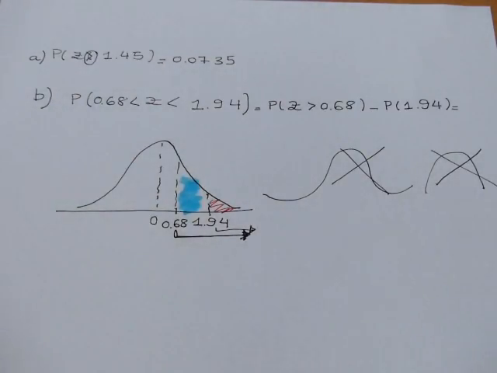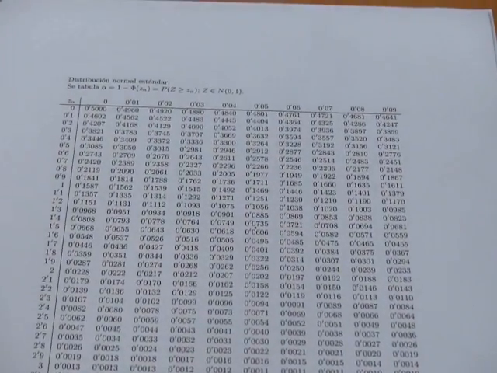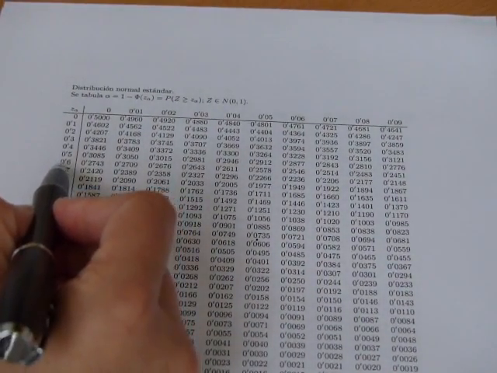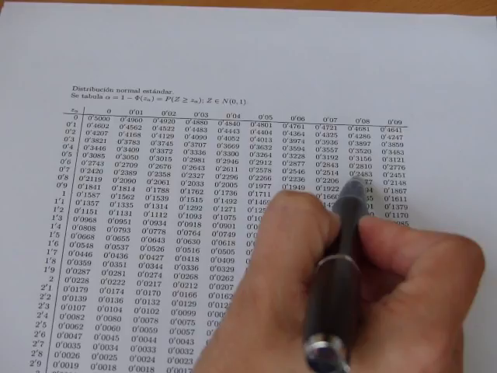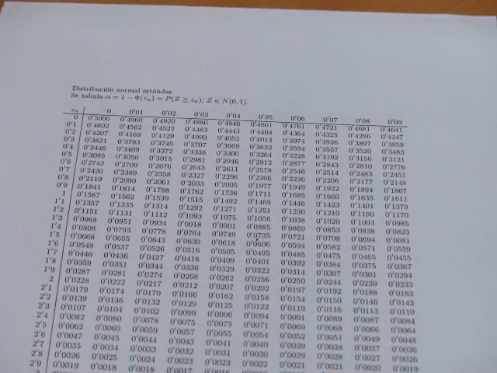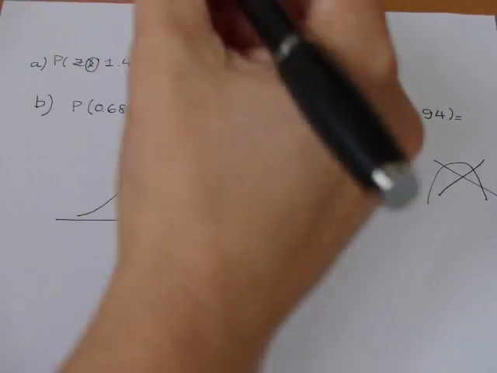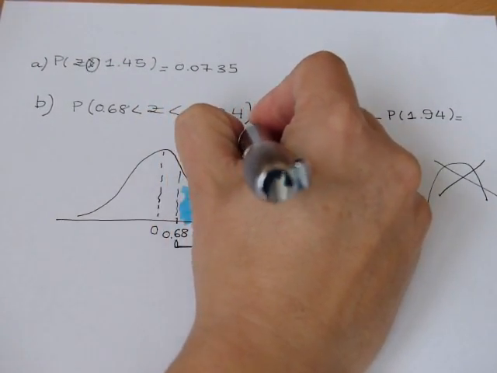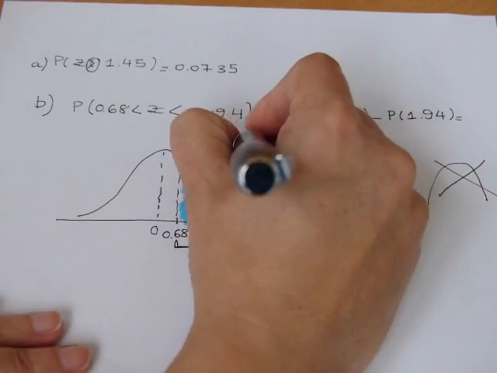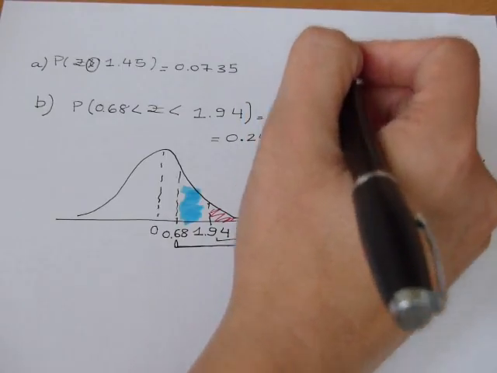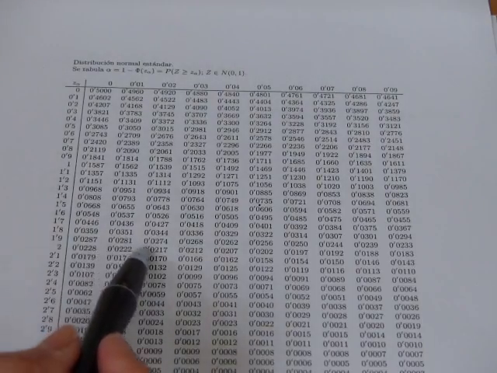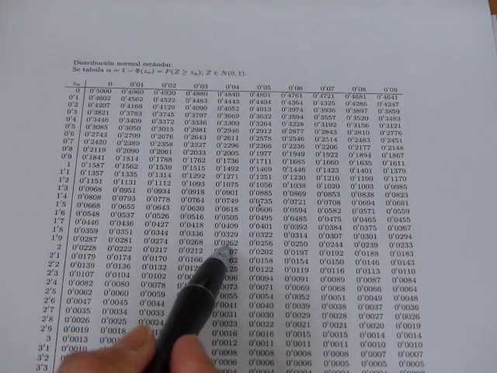So if we go to the tables and search for the probability, we need to go to 0.68. That would be, if I'm not mistaken, 0.2483, minus the probability on the right of 1.94, which is 0.0262.